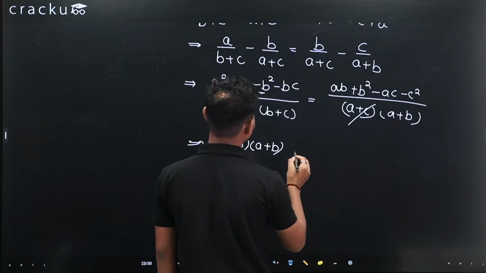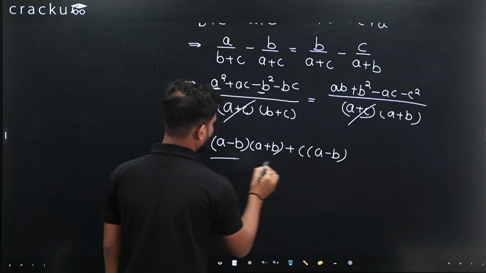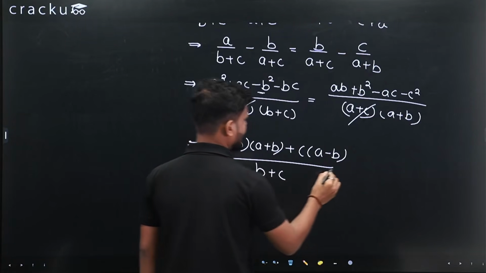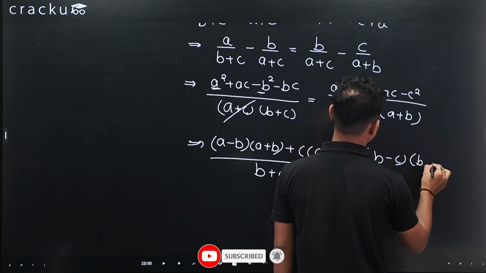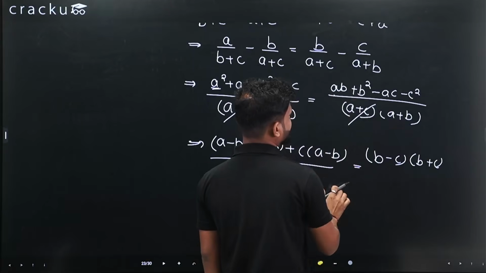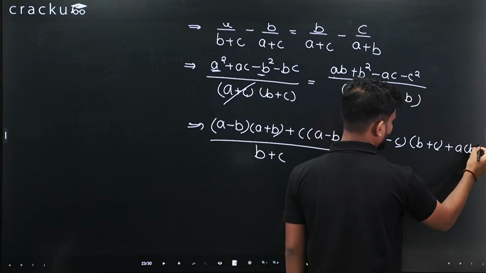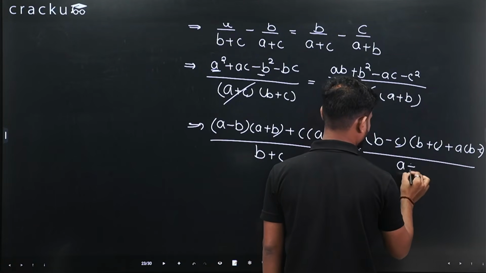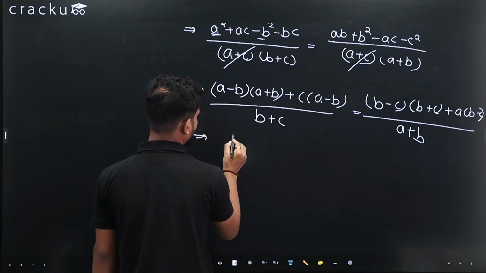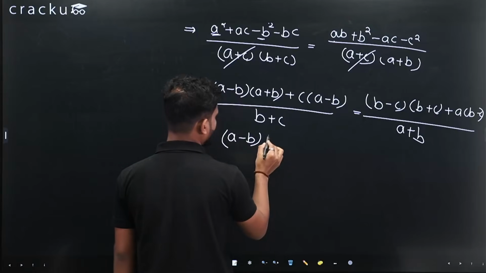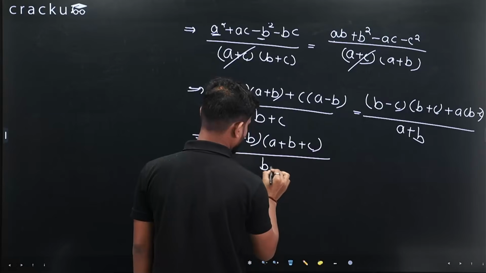AC minus BC, which is nothing but, if you take C common, A minus B upon B plus C, is equal to B square minus C square, which is nothing but B minus C into B plus C. AB minus AC, if you take A common, is A into B minus C upon A plus B. Correct? From here what can I write? I can take A minus B common. So A minus B into A plus B plus C upon B plus C.